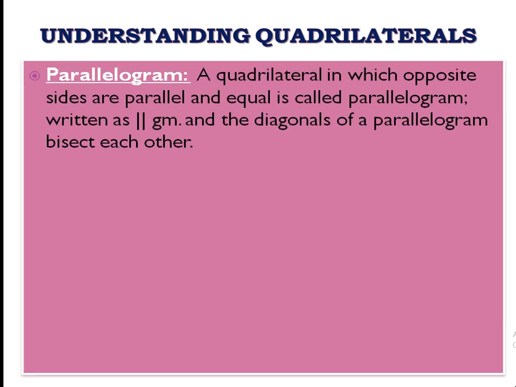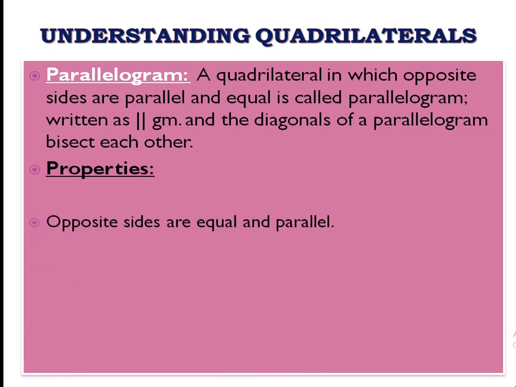Now next, parallelogram. What is a parallelogram? A quadrilateral in which opposite sides are parallel and equal is called a parallelogram. The diagonals of a parallelogram bisect each other. Okay student. Here are the properties of a parallelogram.